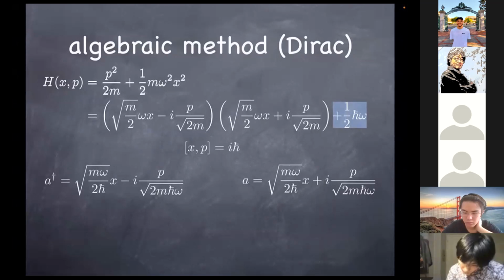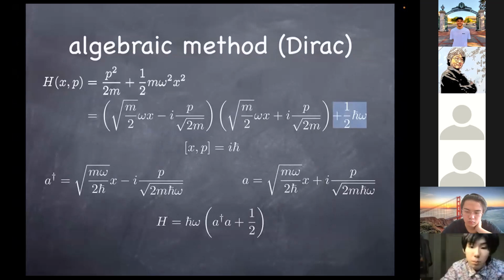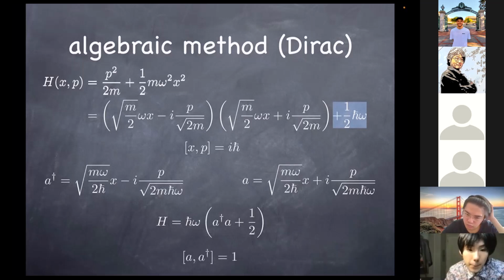Then from the expression for the x and p commutation relation, you can immediately write the commutation relation between A and A dagger. And using this A and A dagger, the Hamiltonian is now written in this familiar form. H bar omega is factored out, and what's in the parentheses is A dagger A plus 1/2. And A and A dagger satisfy this commutation relation: A A dagger minus A dagger A is 1.